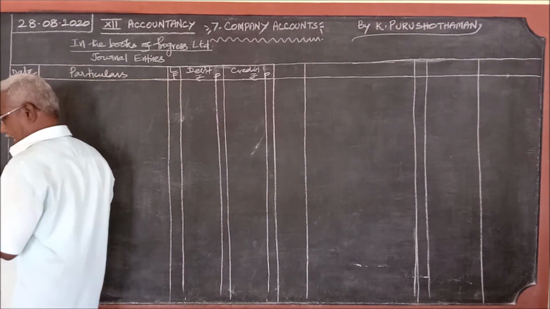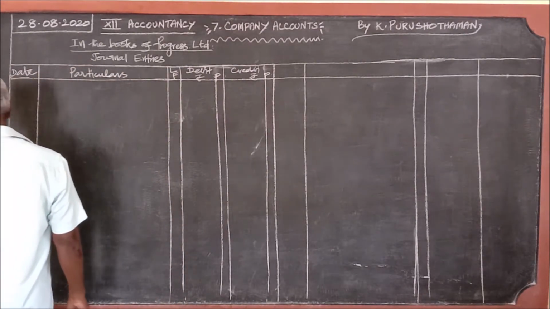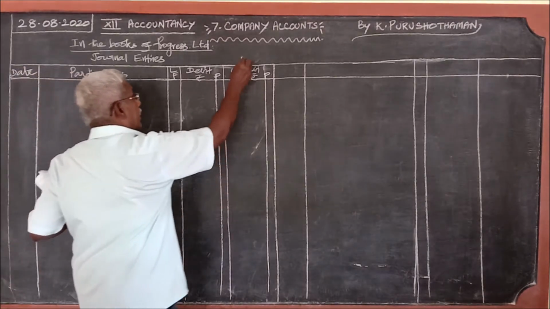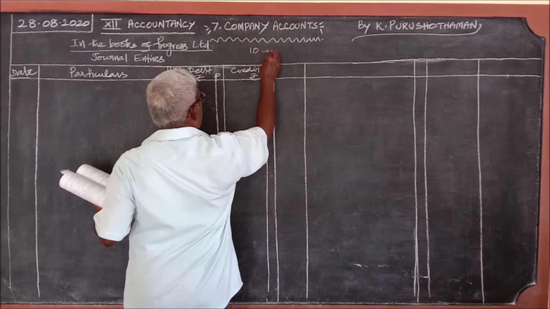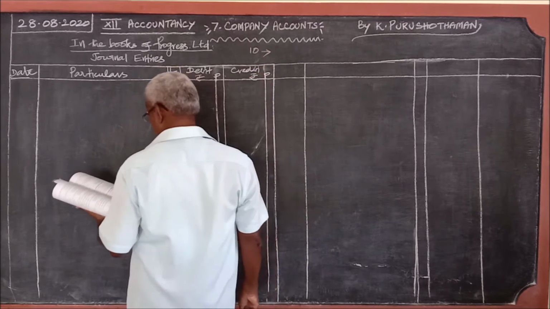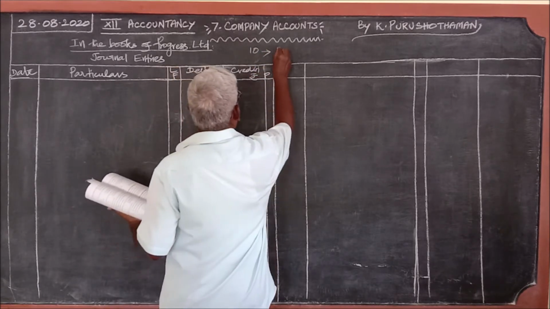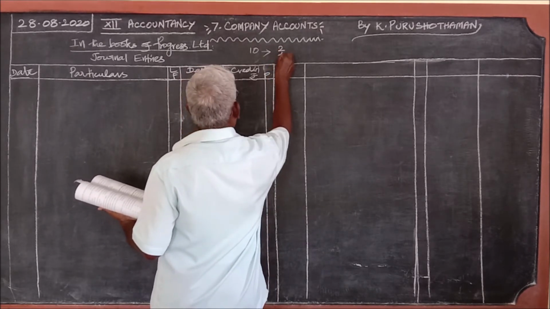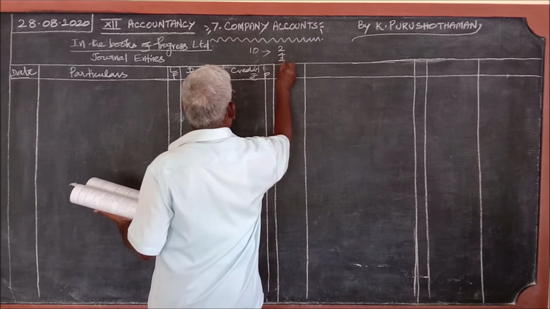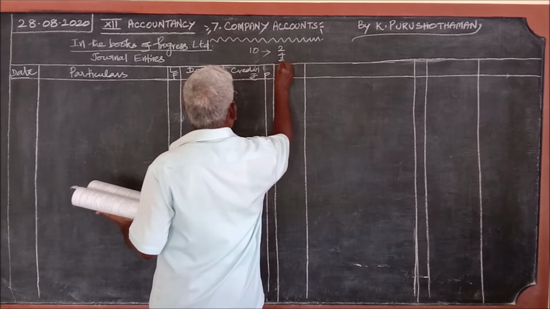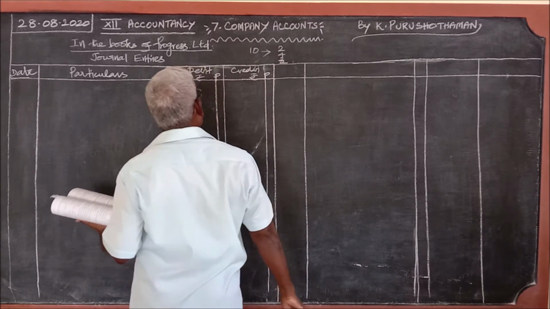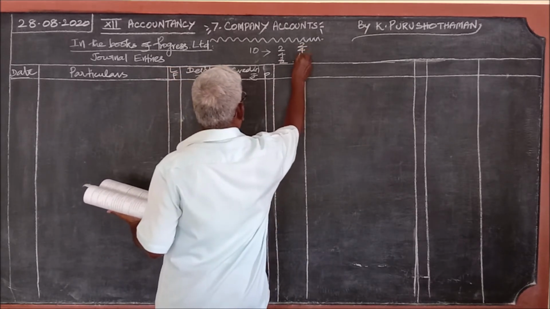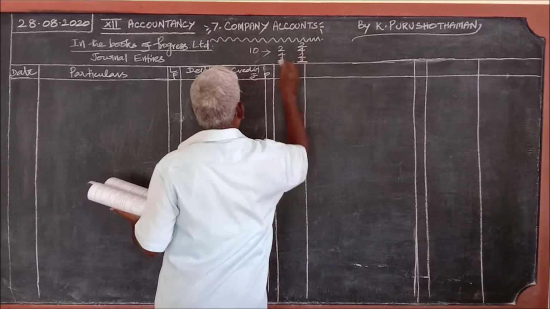First one, application stage. The total value of the share is rupees 10, and this 10 is divided for application 2, allotment 4, first call 2, and final call 2.